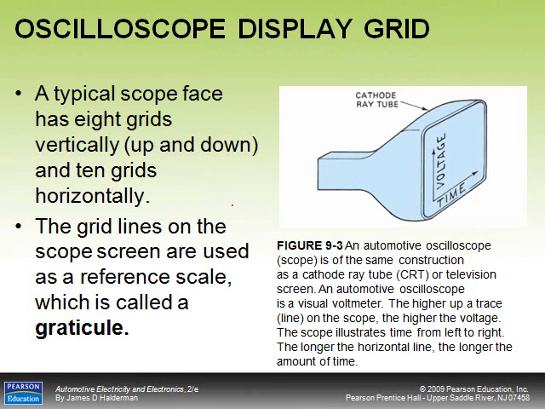So that's what we're seeing, and we see here that the y-axis represents voltage, the x-axis represents time. We talked about graticules. We talked about the scope having 8 grids vertically and 10 grids horizontally. Most scopes, some have more, some have less, but that's typically what you're going to find, an 8x10 display.